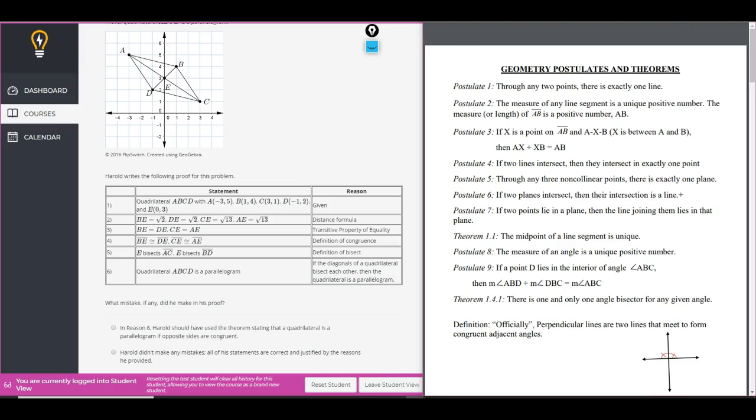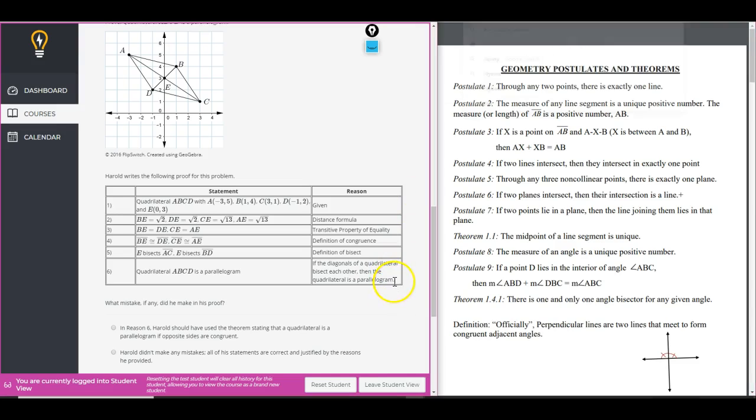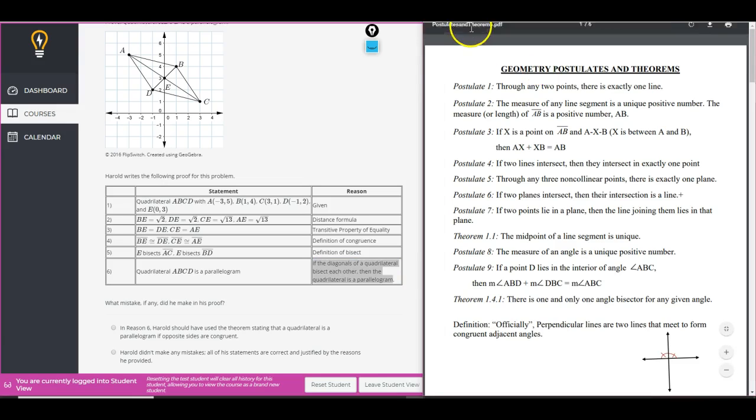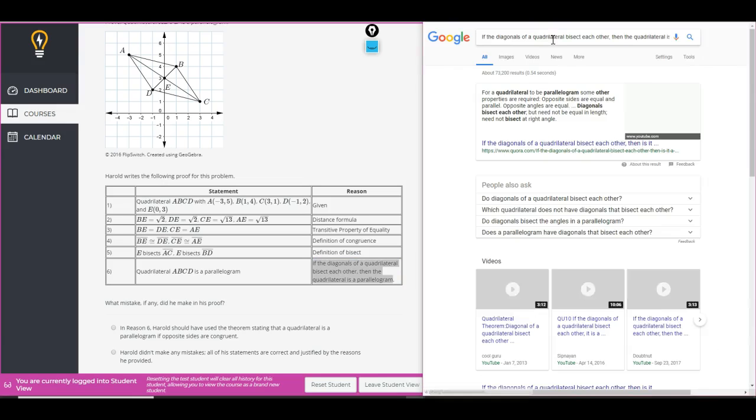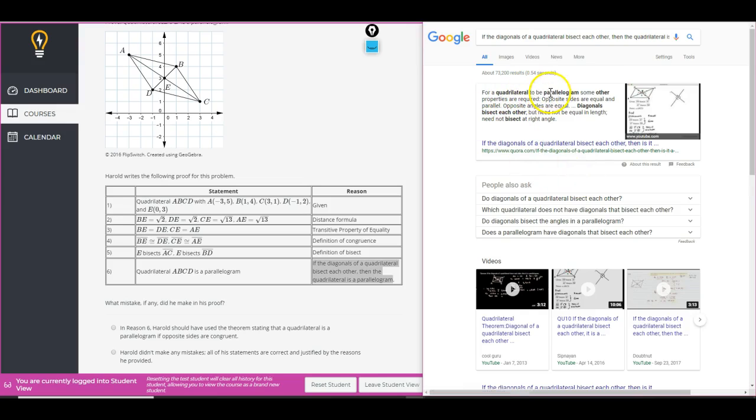I'm just going to copy this and see if this is true, because it wasn't listed. For a quadrilateral to be a parallelogram, some other properties are required: opposite sides are equal and parallel, opposite angles are equal, diagonals bisect each other. So yes, this is correct.